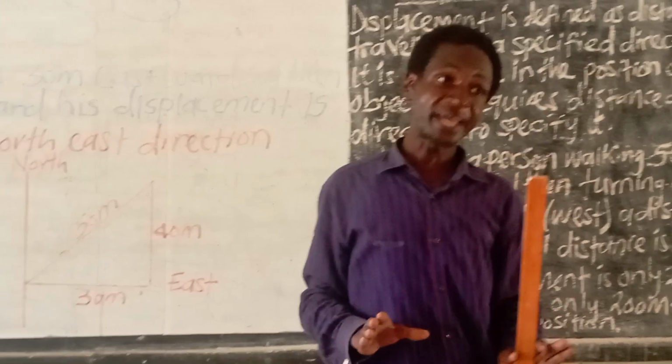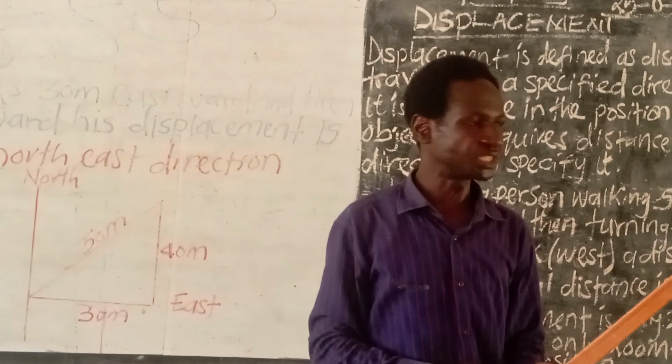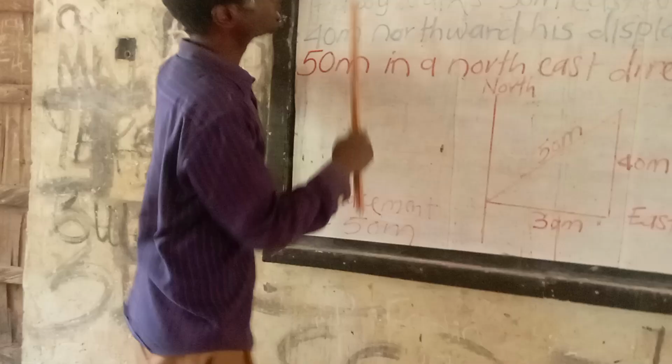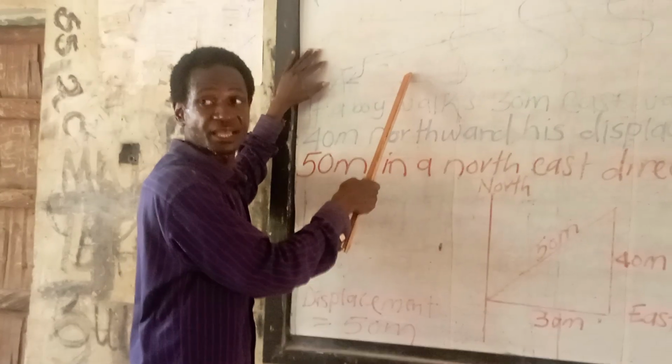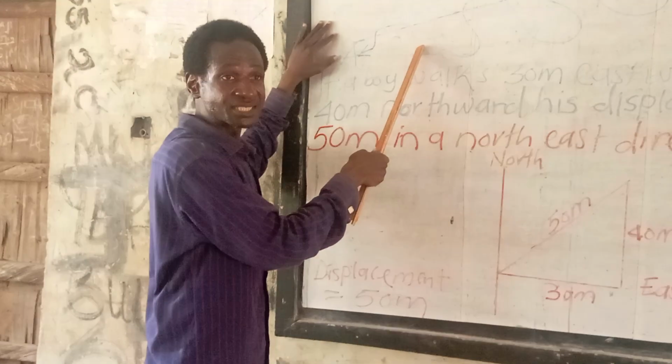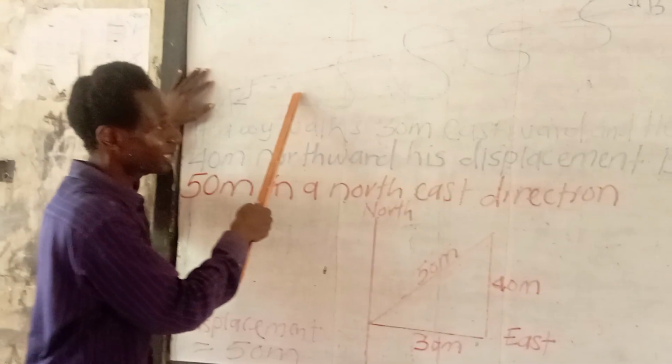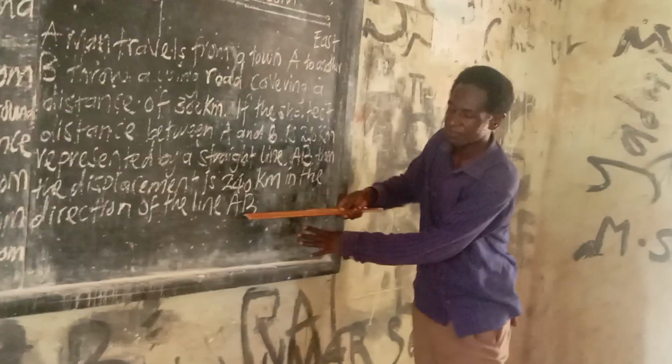So the displacement is 240 kilometers. That is what is meant by displacement. The displacement will be 240 kilometers in the direction of the line AB.